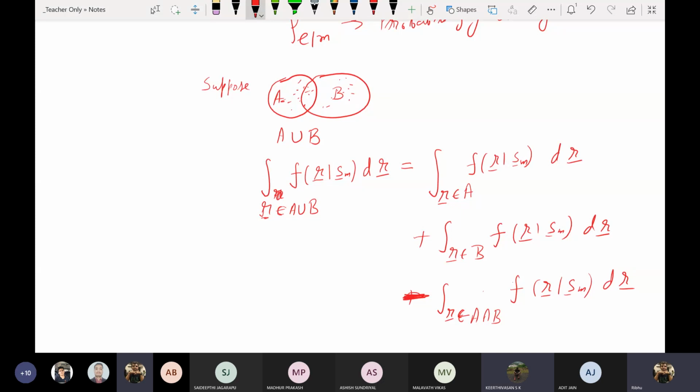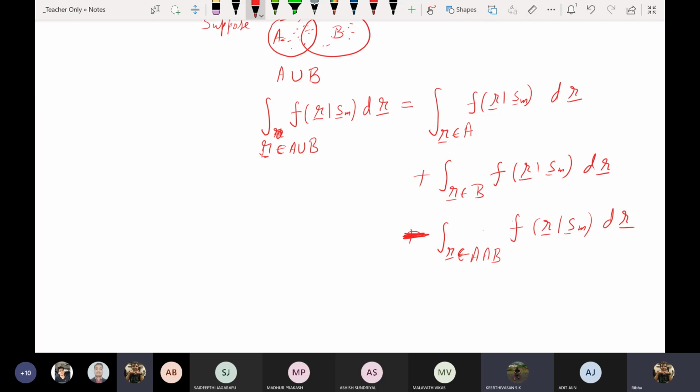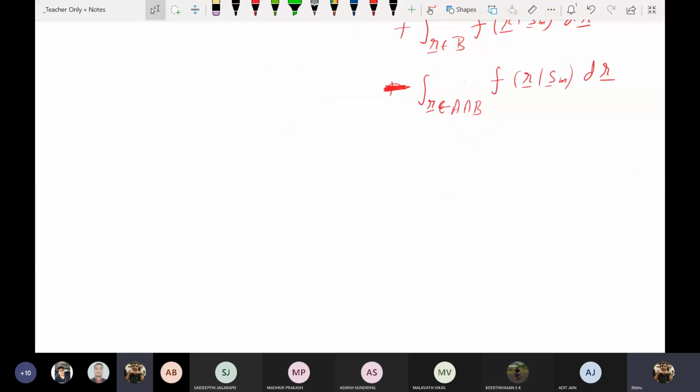Integration of f of r given sm, for a given region. You have done the course on electromagnetics, right?